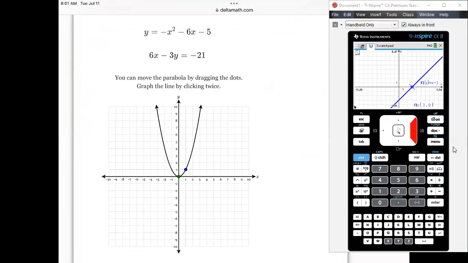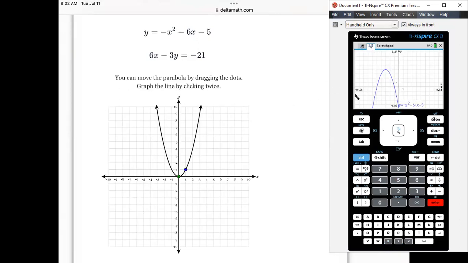And let me get rid of this one, menu 14. Okay, so I'm going to enter these as relations, both of them. So make this a relation. I'm just going to type in y equals negative x squared minus 6x minus 5. Boom, press enter. There's my graph.